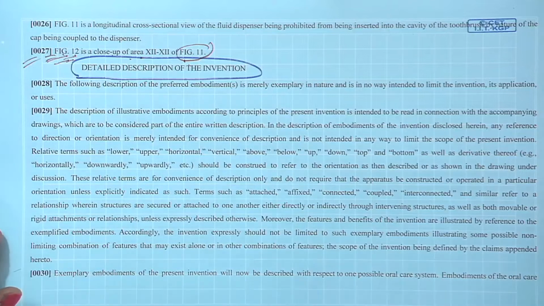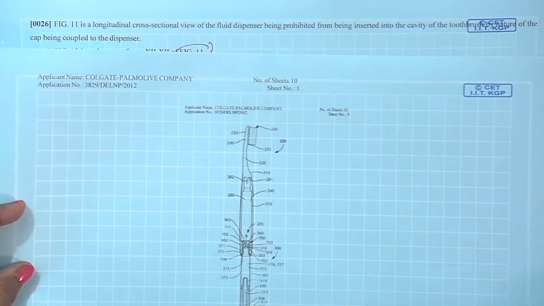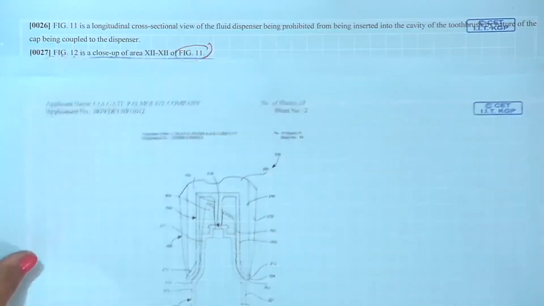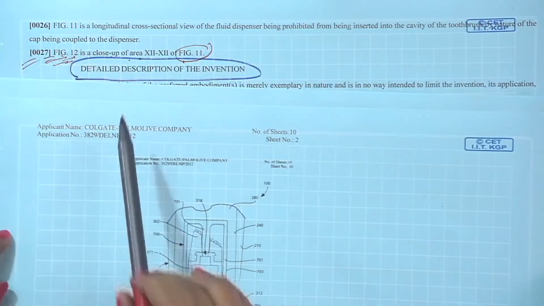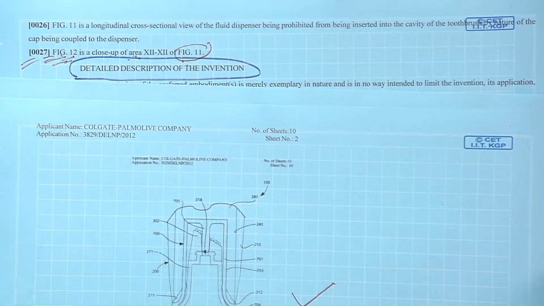Now, you can make out in figure 11 what exactly this figure 12 close up area is, and that area is explained in figure 12. So, this is figure 11 and this is figure 12, and here the close up area is shown. This is what figure 12 is.